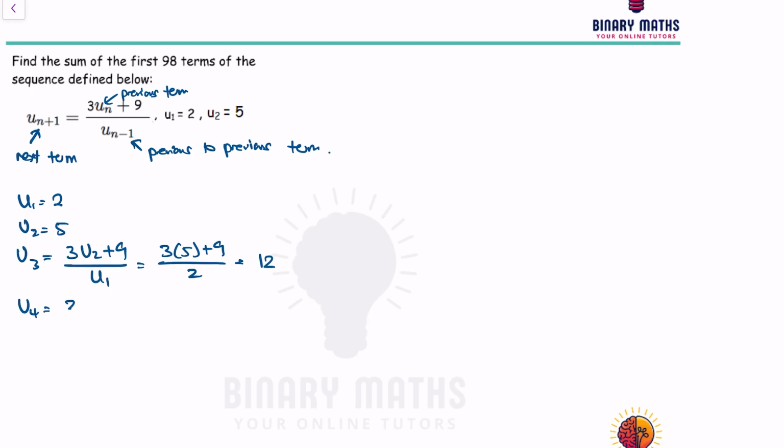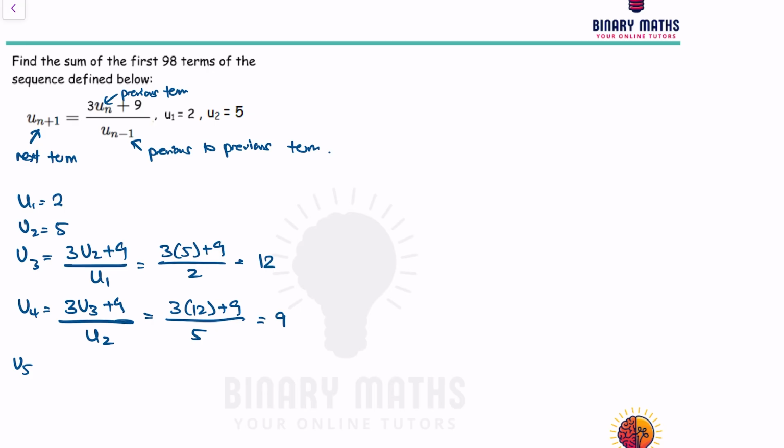U4 will be equal to 3 times U3 plus 9 over U2, which is equal to 3 times 12 plus 9 over 5. So 3 times 12 is 36, plus 9 is 45, 45 divided by 5 is 9.